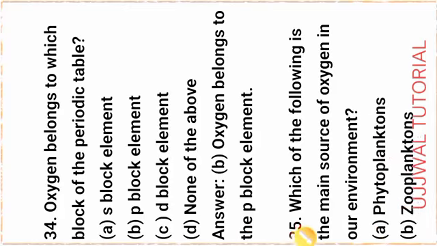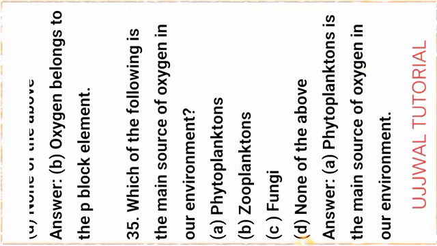Question number 35. Which of the following is the main source of oxygen in our environment? Option A, phytoplankton. To explain, phytoplankton is the main source of oxygen in our environment.